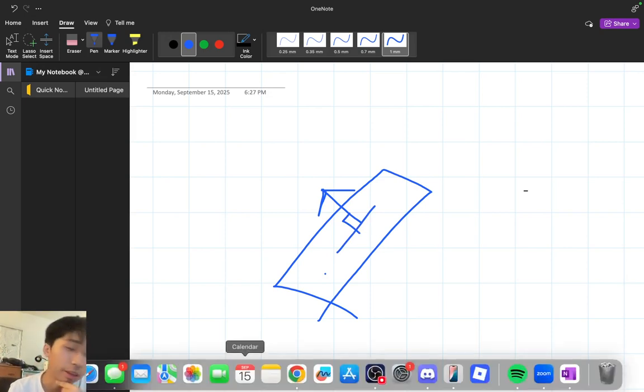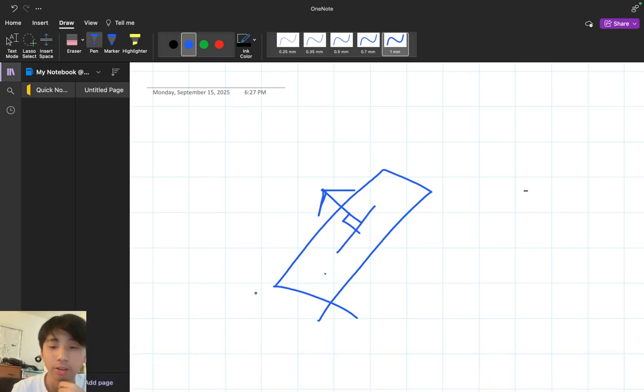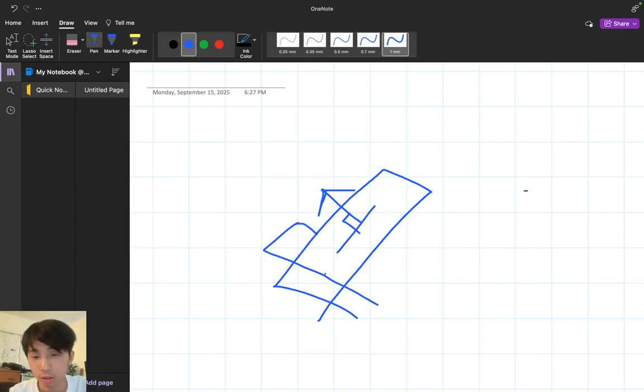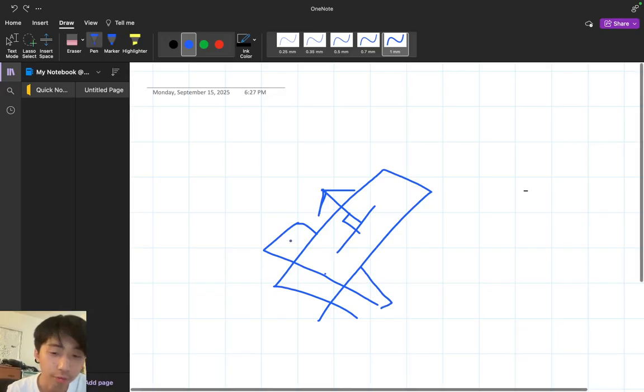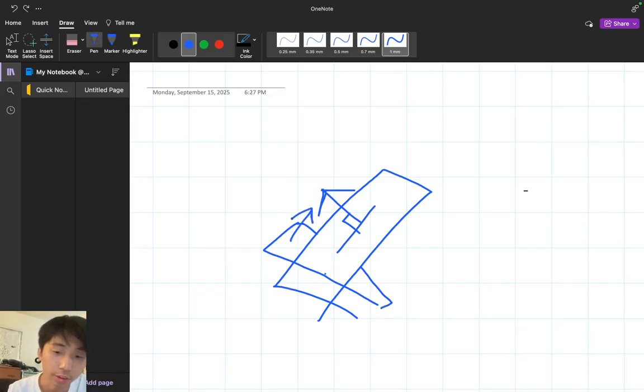Then say you had another plane that intersects like this, and its right angle vector is like that.